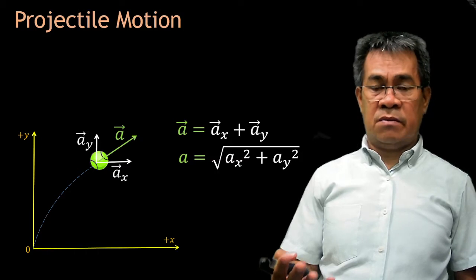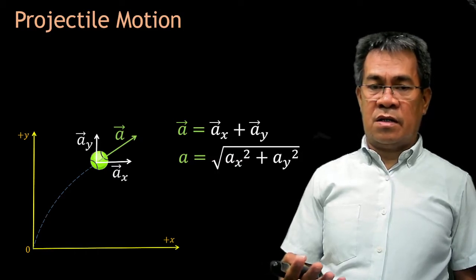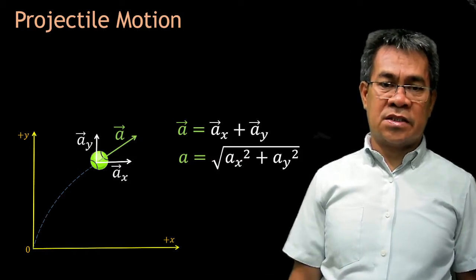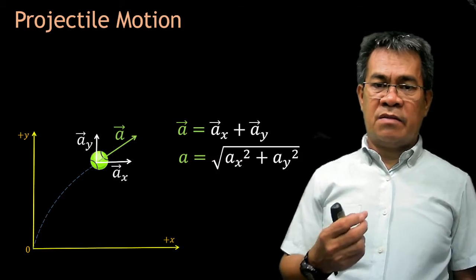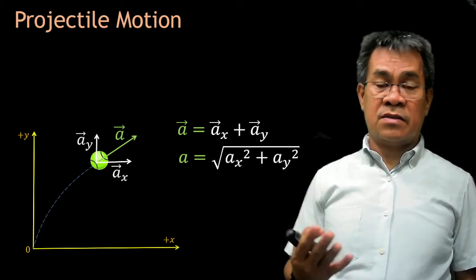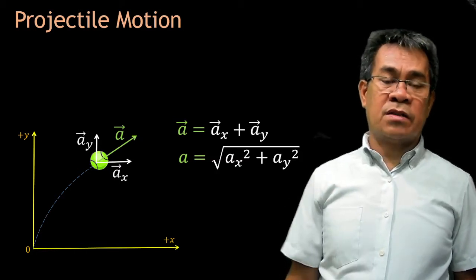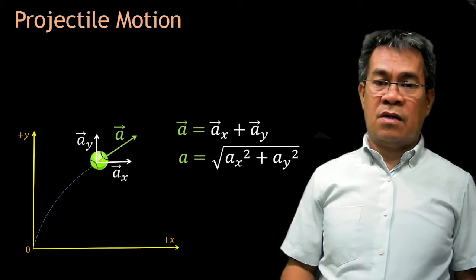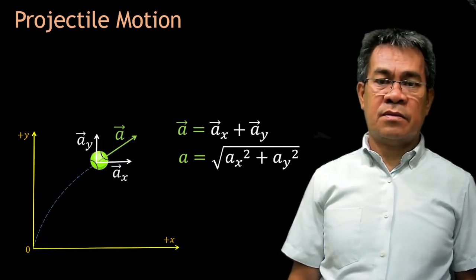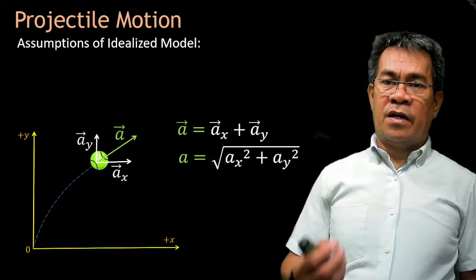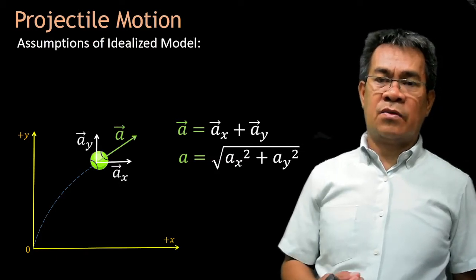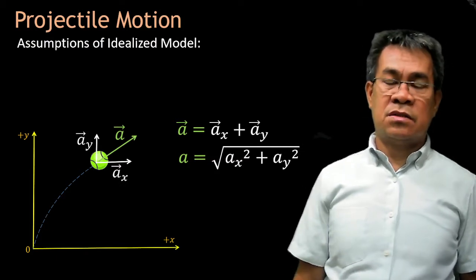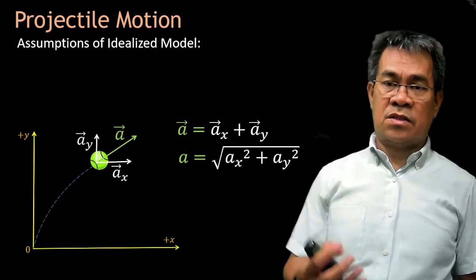So this is, remember, our understanding in the vector analysis. In order to provide the magnitude of that vector, we should have the components along the axes.